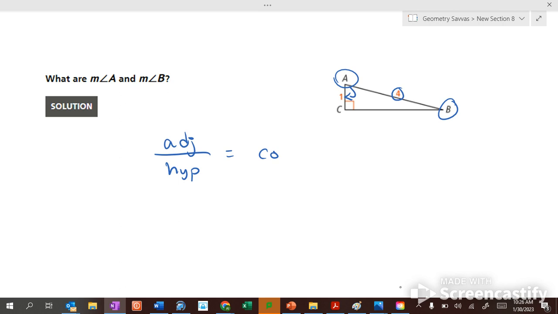That's equal to cosine. So the cosine of angle A is the adjacent side 1 divided by hypotenuse 4. So the cosine of A should equal 0.25. So we want to know how big A is. So we're going to have to take this cosine over to the other side. When we take the cosine to the other side of the equation, it becomes what's called the inverse cosine.